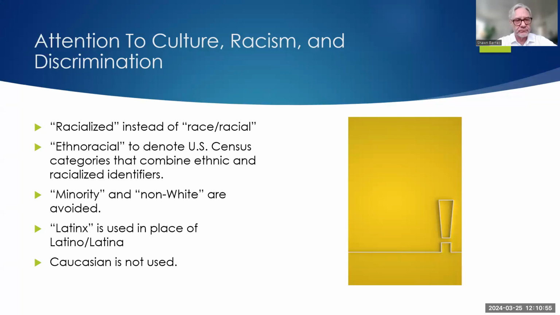And they took out the terms minority and non-white, or avoided them, because they wanted to describe social groups in relation to the racial majority. So you'll be looking at this book as if they've taken out a lot of things that they thought were offensive to racial groups. They don't use the word Caucasian at all.